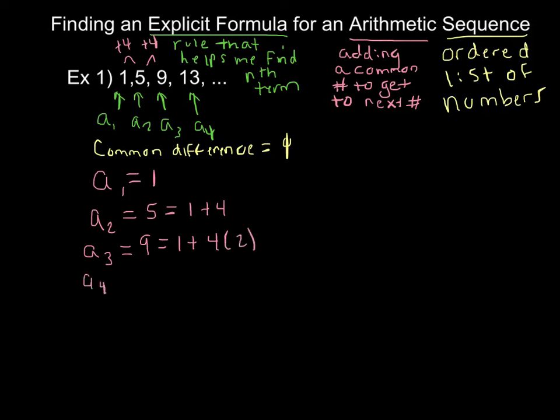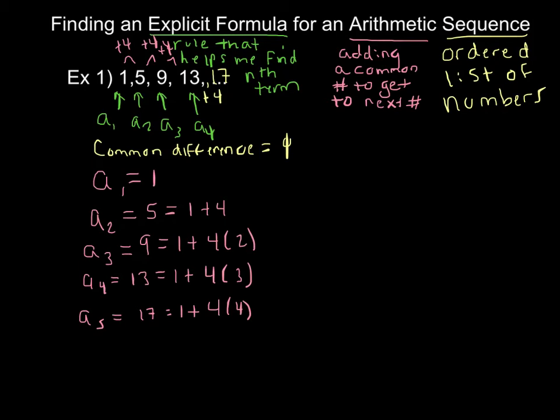My fourth term is, yes, a 13, but I can also view it as my 1 plus, counting over, I'd have to add 3 4s. So plus 4 times 3. Let's do one more. If I were to add one more number, 13 plus a 4 gives me a 17. And that means my fifth term is, well, it's 17, but I can write that as 1 plus 4 added 4 times, etc.